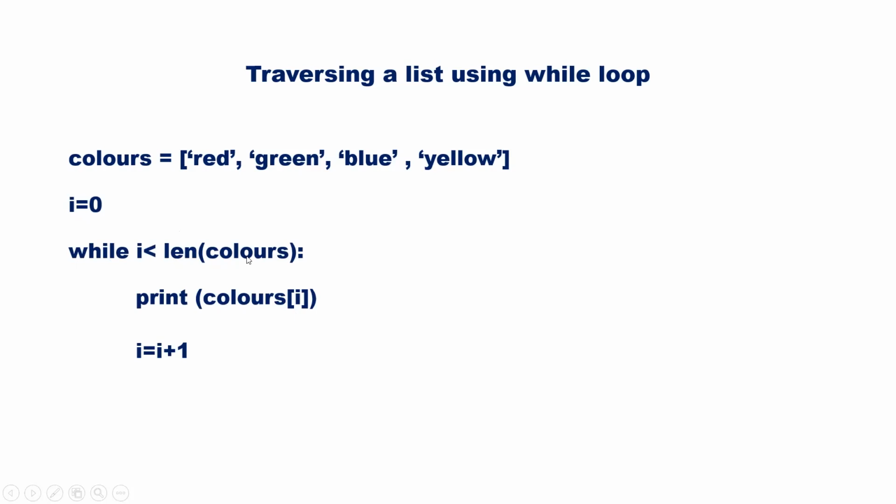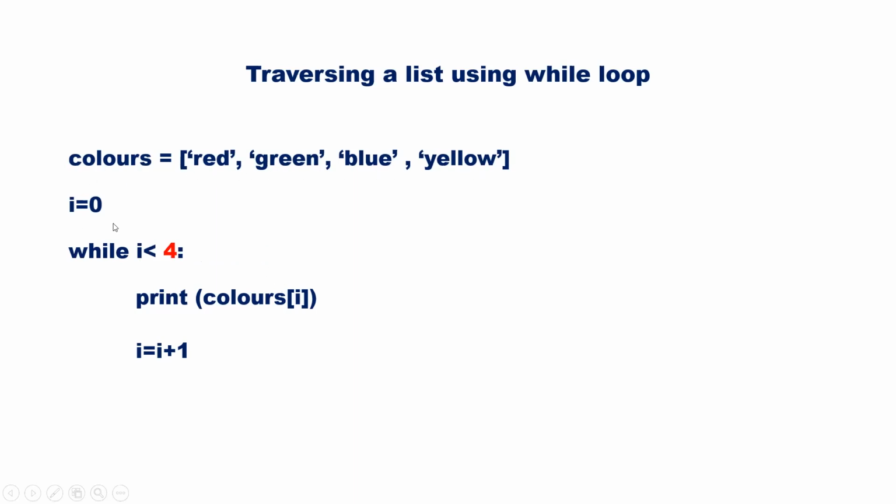Len of colors returns the length of the list, or the number of items in the list. The index value should go up to length minus 1. The last index value is length minus 1. So that is why we have written i less than len(colors). So here this is equivalent to writing i less than 4 since there are 4 items in the list colors.